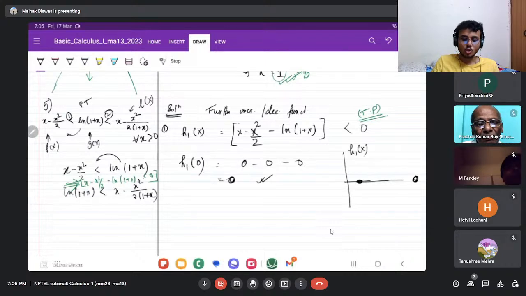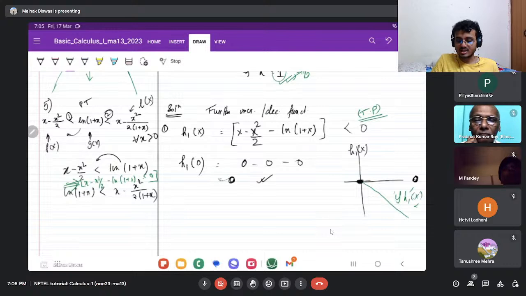Now if I can show that this function is decreasing for all x greater than 0, it will go to negative like this. If h1 dash of x is less than 0 for all x greater than 0, it will go to negative. Agreed?